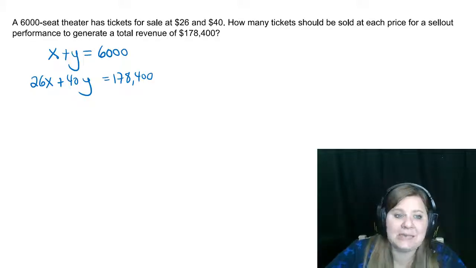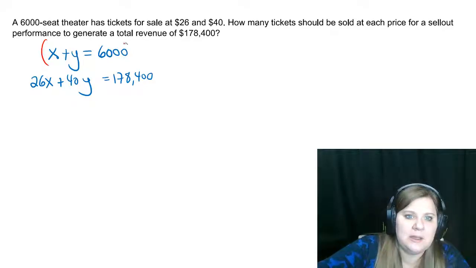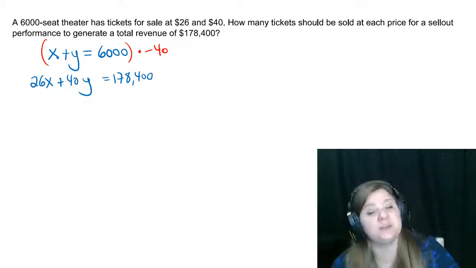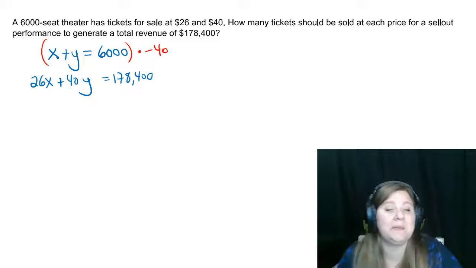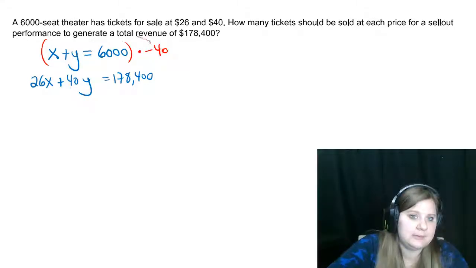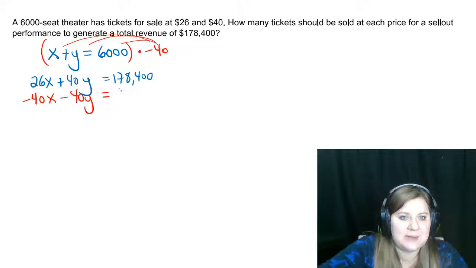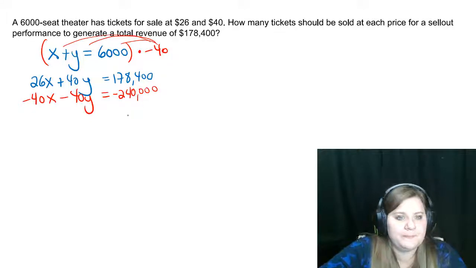However, in this case, I'm going to multiply both sides of the top equation by -40 to get rid of the Y, because multiplying by -40 is easier than multiplying by -26, which would be my option to get rid of the X's. So when I distribute that, I get -40x minus 40y equals, and -40 times 6,000 is negative 240,000, which has 4 zeros. So 1, 2, 3, 4.